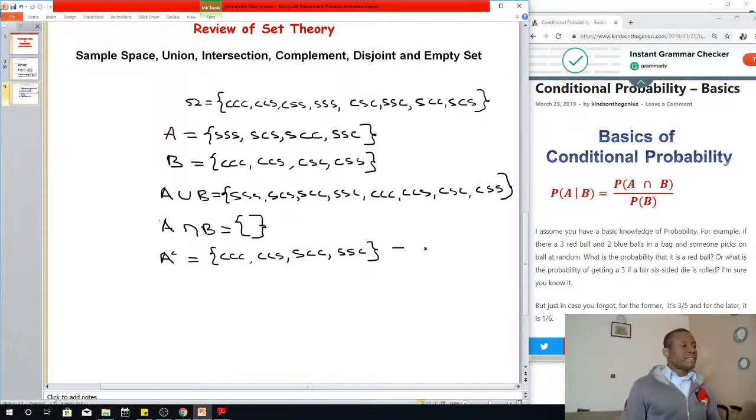So basically this is the same as B. A complement is equal to B, right? So let's say B complement. I'm going to allow you to write it yourself. List out the B complement.